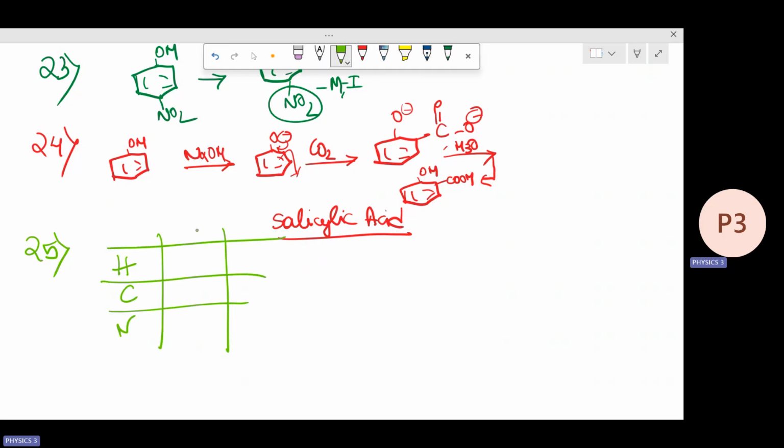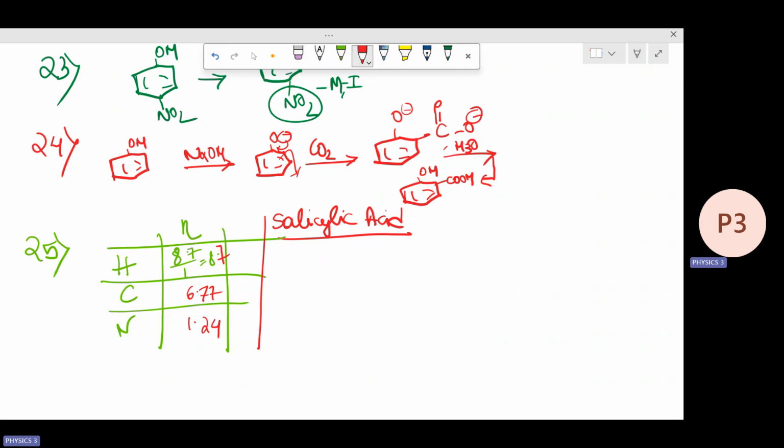Hydrogen will have 8.7 by 1, so 8.7. Carbon will have 74 by 12, so it will be 6.17. And finally, nitrogen will have 1.24. So this will be the number of moles.